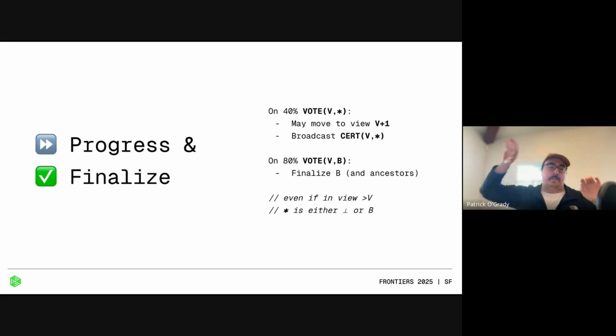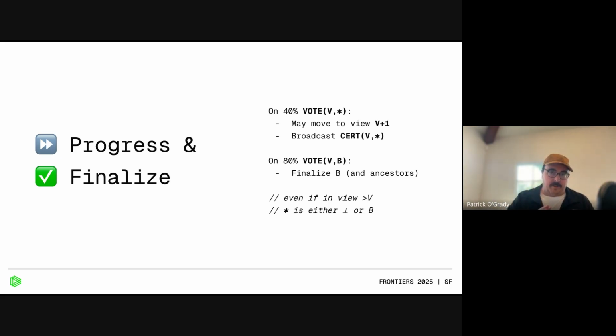If you see 80% of votes for some B, you'll now finalize B and all of its ancestors. That again is very similar to the Simplex model, where you see a finalization certificate and you finalize its ancestors. Same thing with the notarization, you move forward.